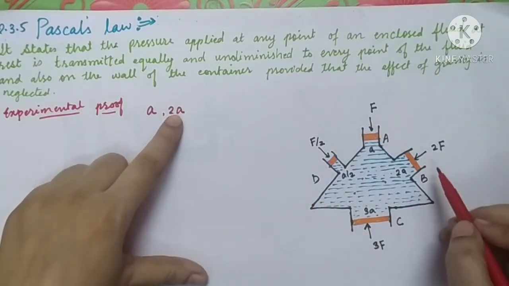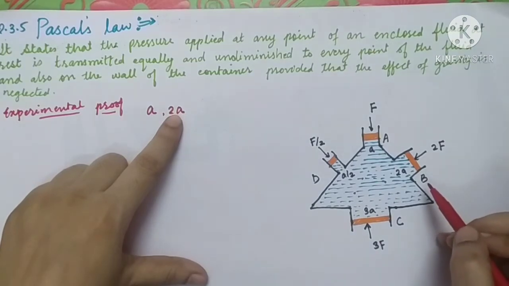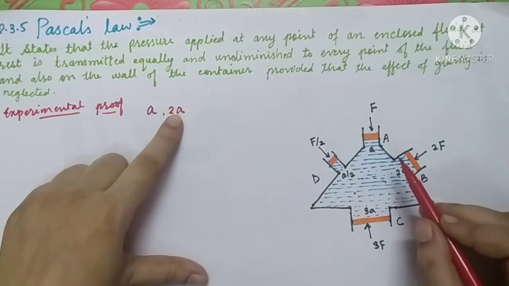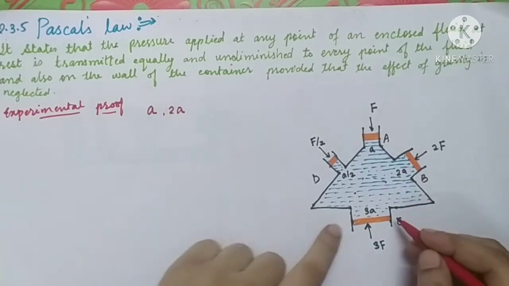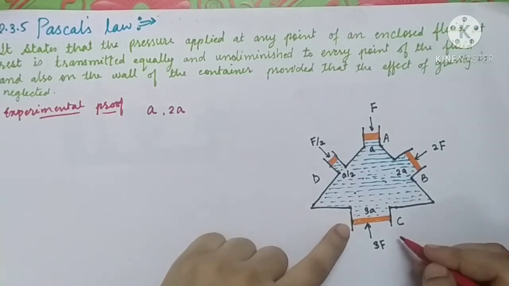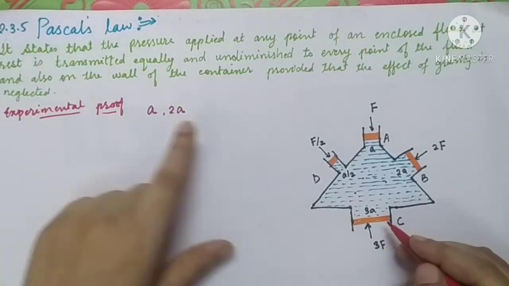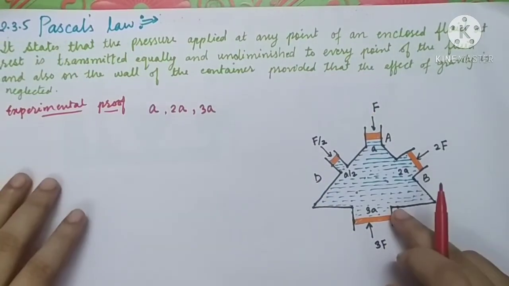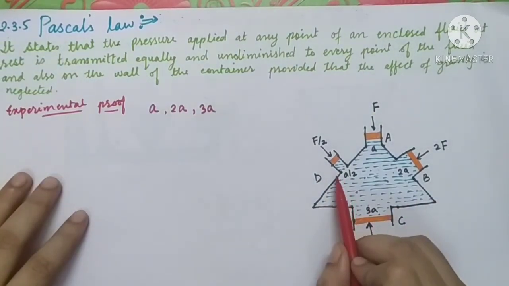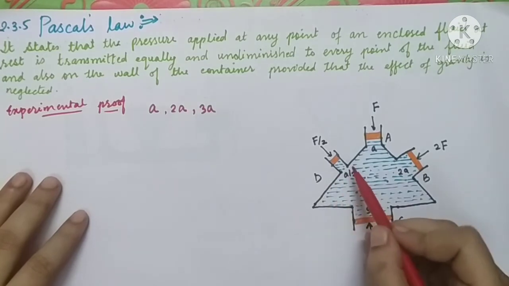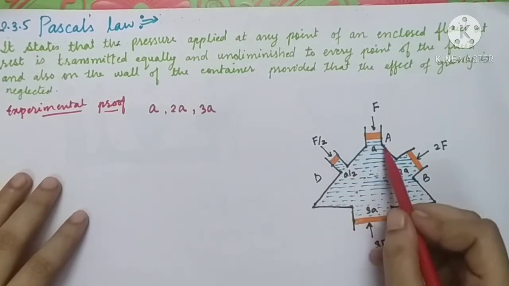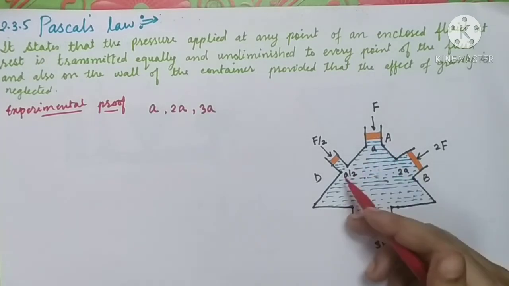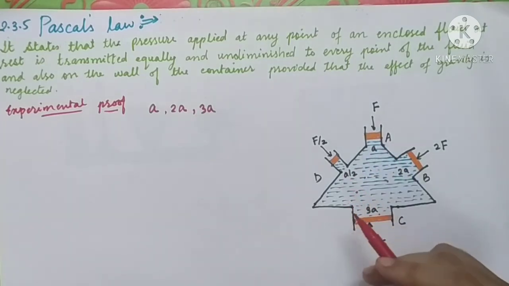Suppose the opening area of B is twice that of A. Similarly, see the opening of C. It has the area 3A, greater than B. And see the last opening, D. It has the area half that of A. It is smaller than A, as you can see in the diagram.